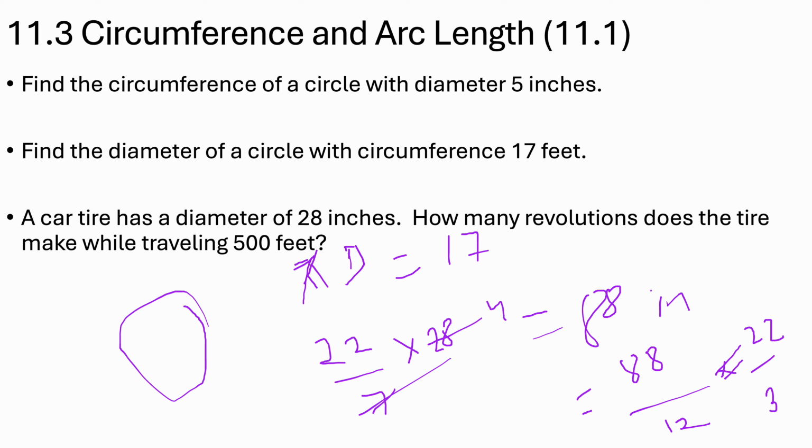So for 500 rotations, how many feet, or how many rotations are required for 500 feet? For one rotation it equals 22 by 3. So you have to calculate for this many rotations how much. You can do the calculation and you will get the answer.